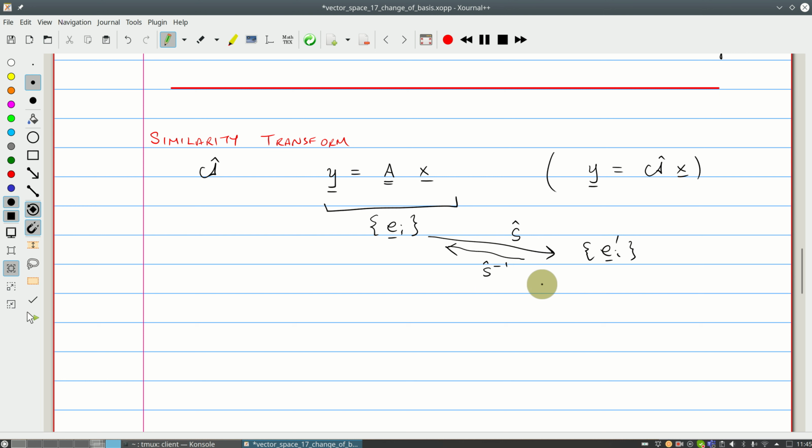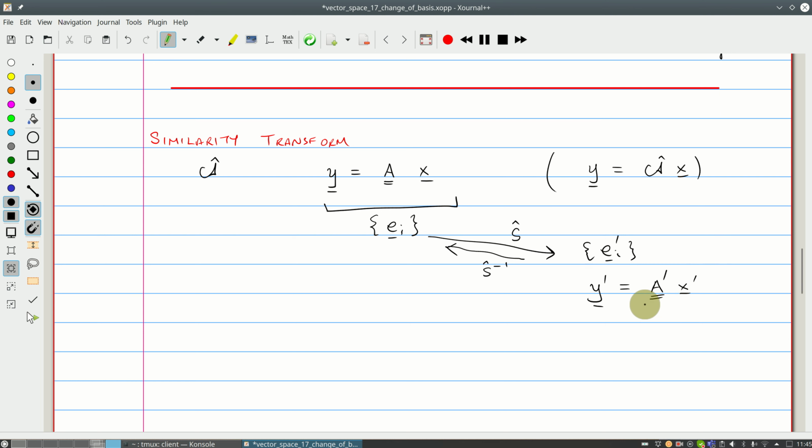The question now is, if you go into this basis here, everything is going to change. The basis representations of these objects will change. So we will have some y prime is equal to some matrix form of the operator A, which will now be A prime, and then we will have a vector x prime.